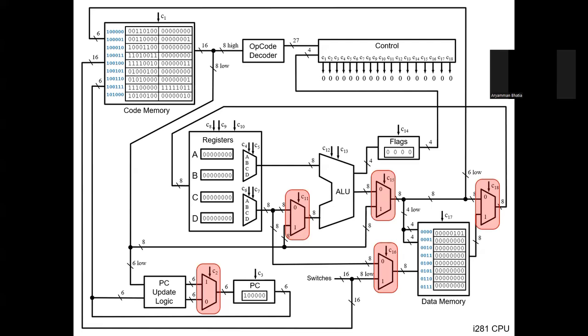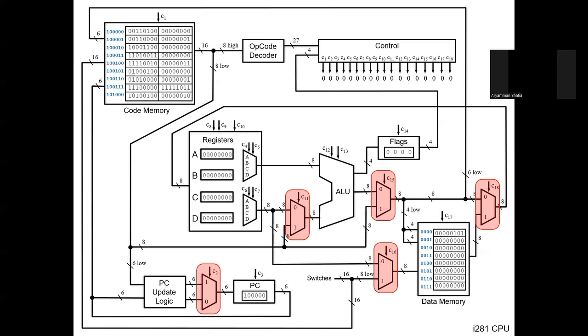Then C15 controls whether you want to manipulate. Sorry, I misspoke in the last part. C11 controls whether you want to pull some value from the code memory or from the register file. C15 controls whether you want to import into the data memory something from the code memory or from the ALU.